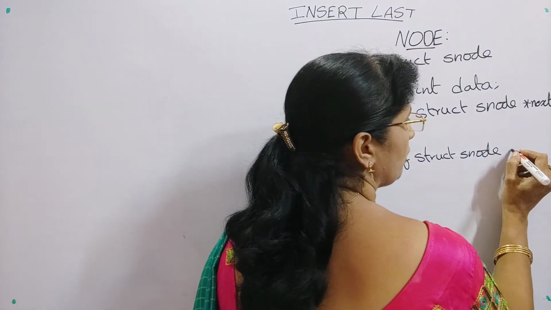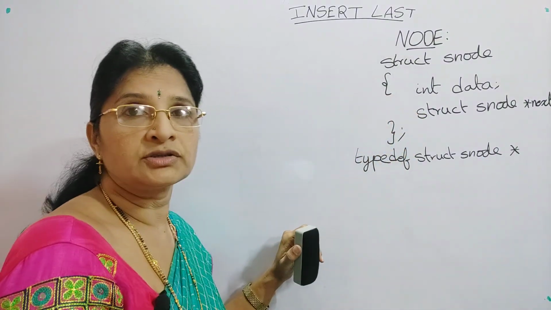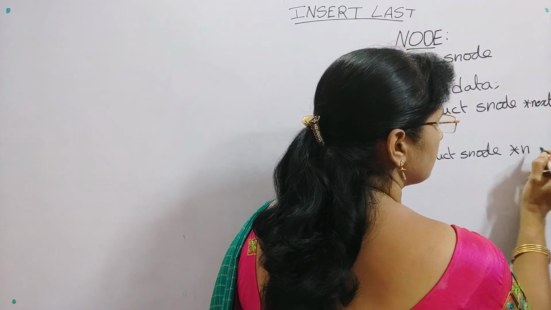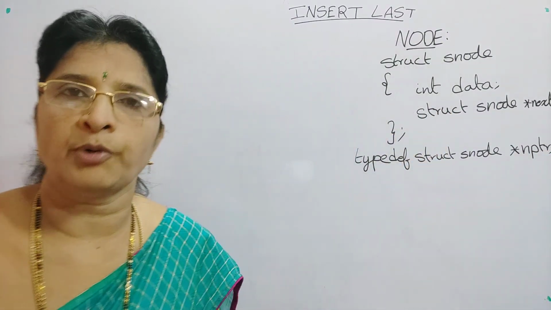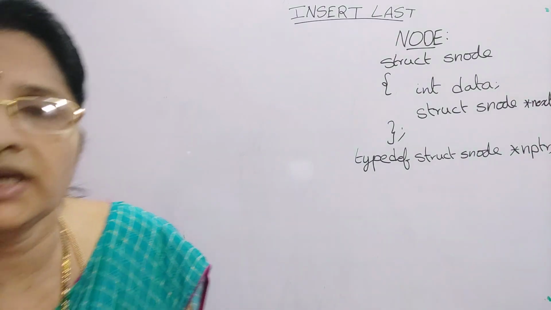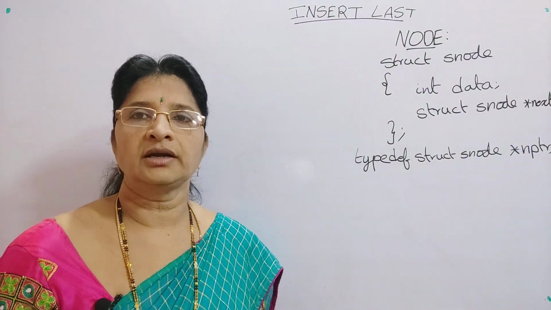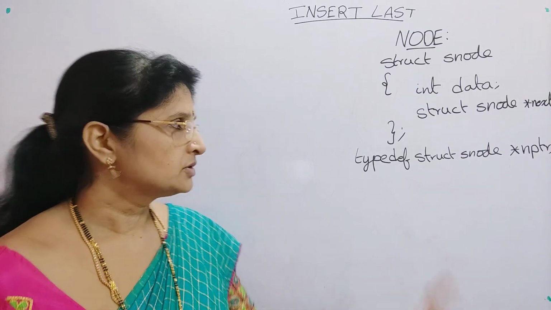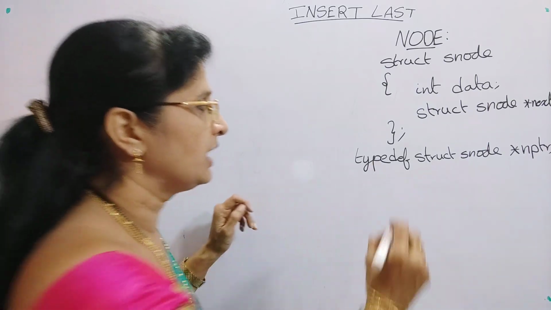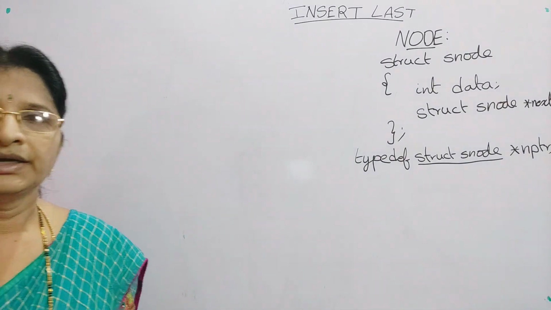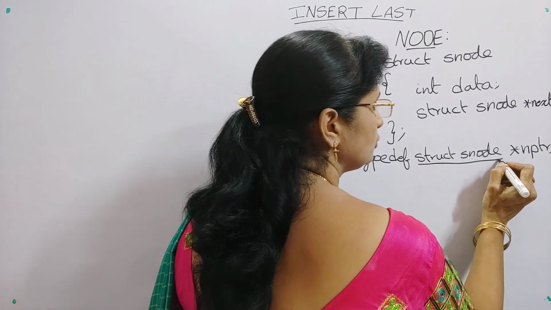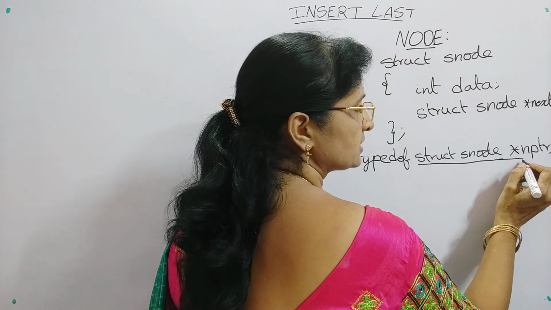So here the pointer will also come, and the new name is nptr, that is node pointer. So here we have given a new name to struct S node, our user defined data type.